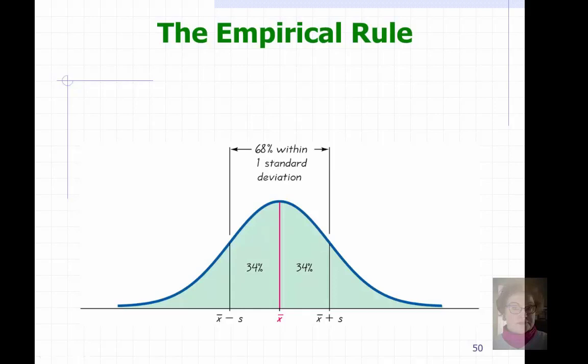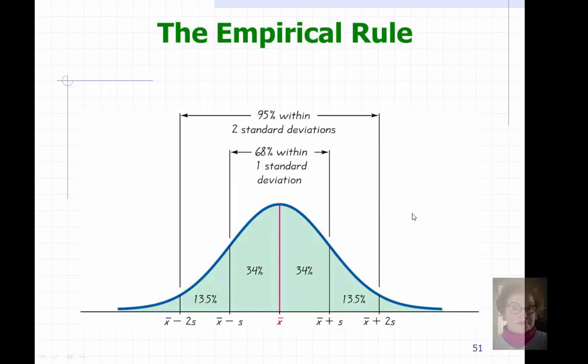IQ is a test to measure intelligence, and IQ is designed to have a mean of 100 and a standard deviation of 15. So what this says is 68% of human beings in the United States have an IQ between 85 and 115. Okay. 95% of all individuals have an IQ of between 70 and 130.